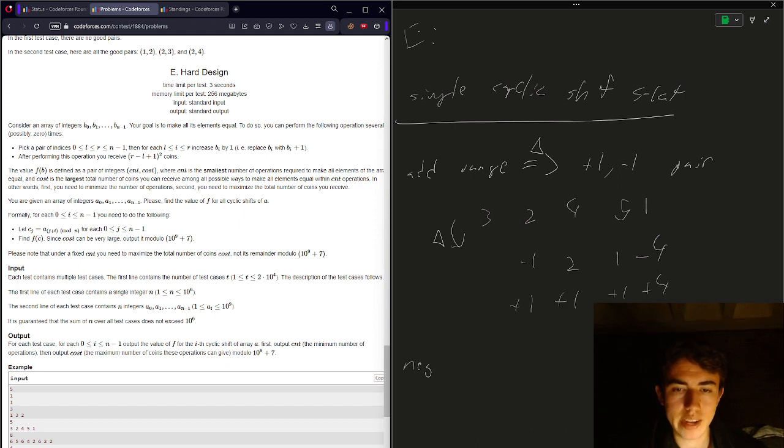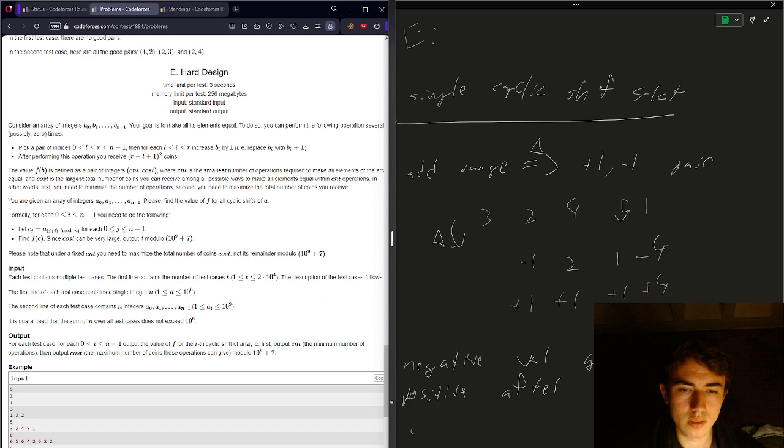A negative value gives a free positive after it, otherwise some values, which is equal to 1, 2, 3, 7.